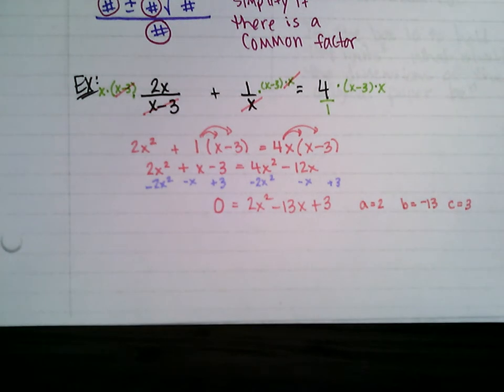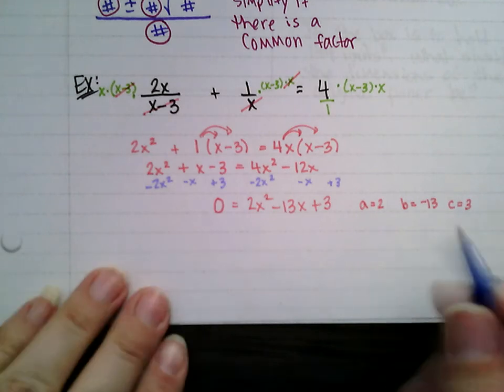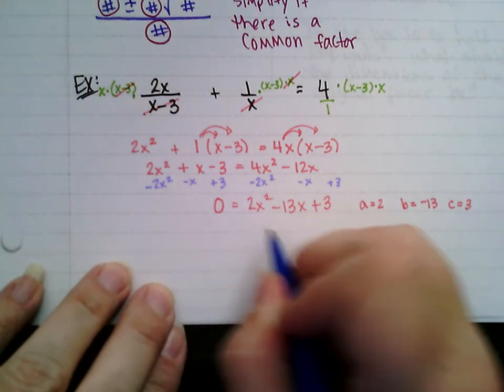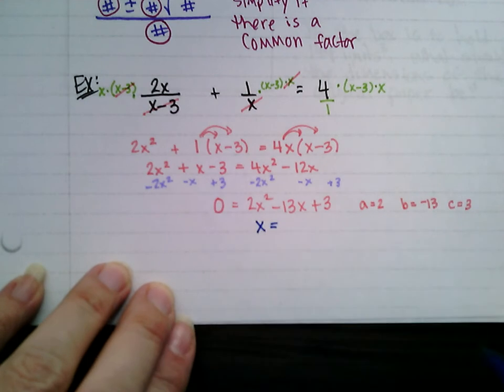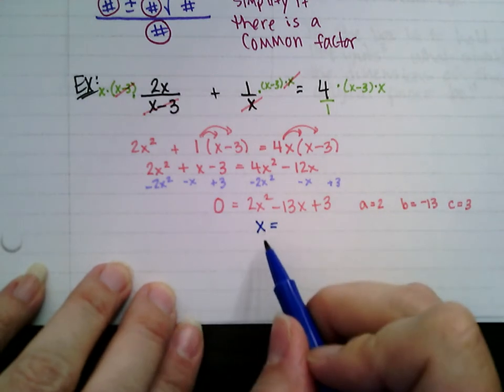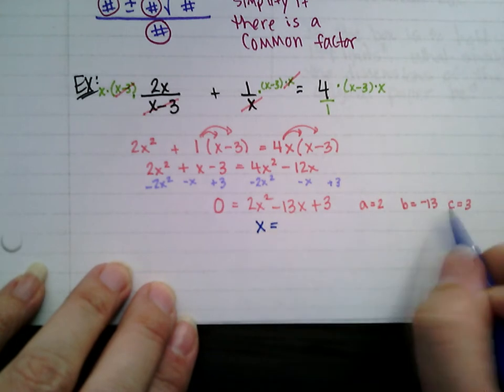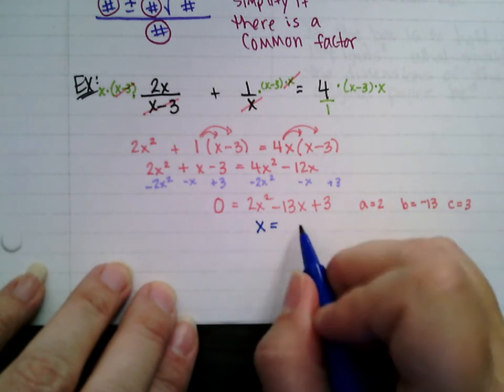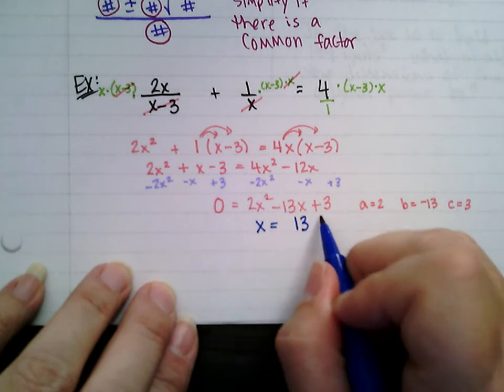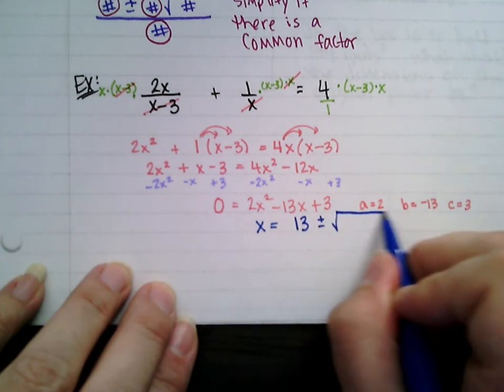So as you write out your quadratic formula, I'll talk you through my biggest tips. We write x equals, that's the only place in the quadratic formula that a variable lives. All the rest of them are going to be numbers. So the opposite of b, since b was negative 13, that will be positive 13, plus or minus the square root of.